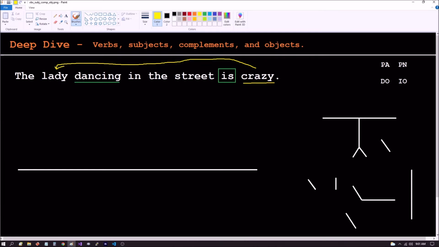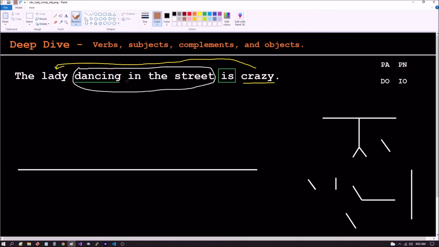And you can test this theory by replacing is with equals and ignoring all of this stuff for now, okay? The lady equals crazy, right? It makes sense. The lady equals crazy. You would then say, well, what lady are we talking about? Well, we're talking about the lady dancing in the street.